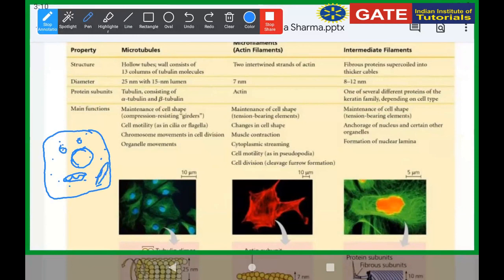The cytoplasm moves from one place to another, then to the center, then in another direction. In different directions the cytoplasm undergoes movement. This movement of cytoplasm within the cell is called cytoplasmic streaming. Okay, it's clear. Thank you, ma'am. Yes, ma'am, clear.